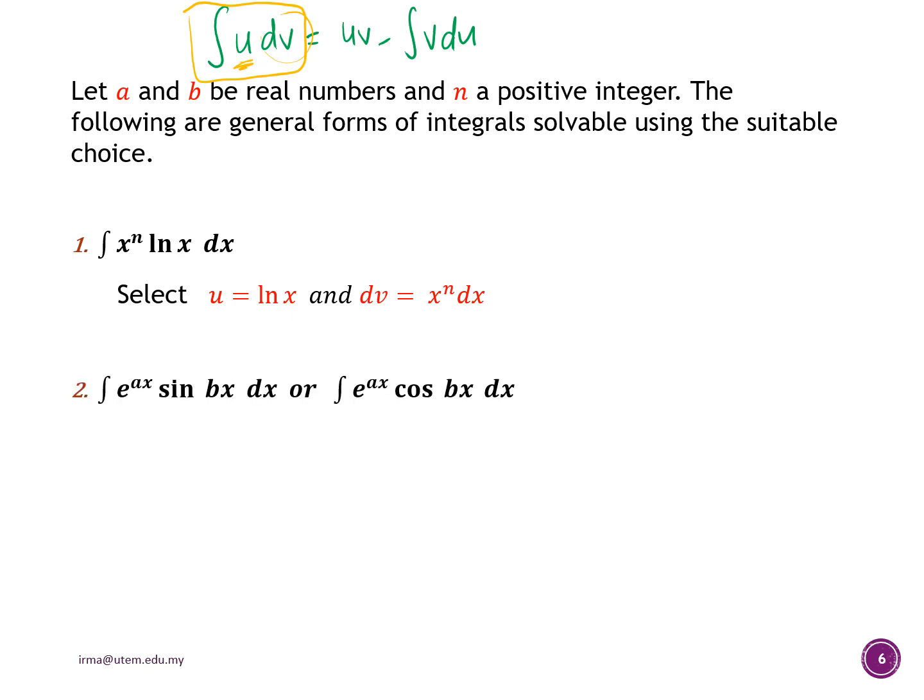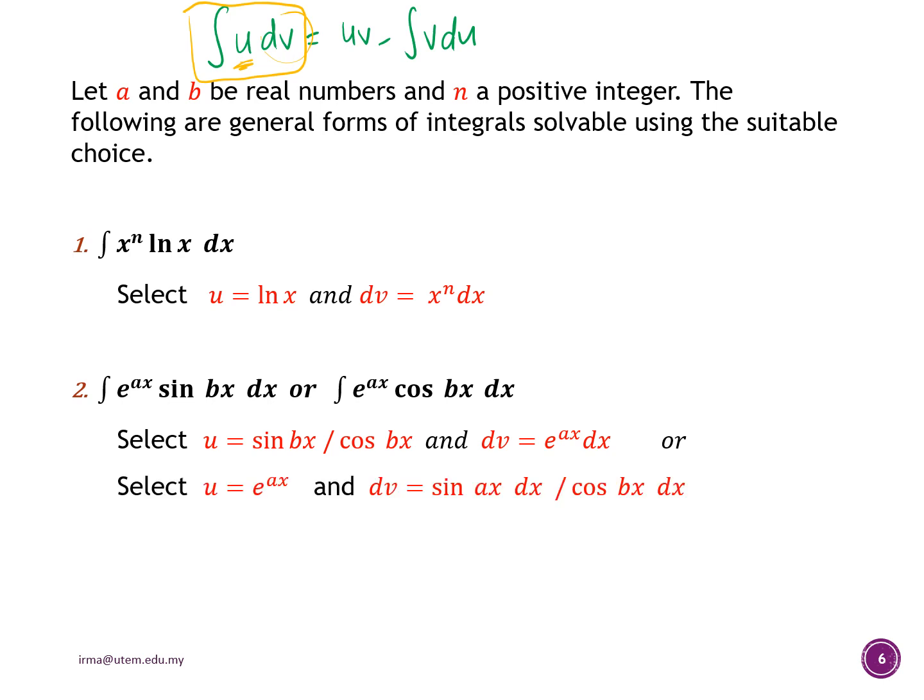Next, if you have types like exponent ax sine bx, which is a combination of exponential and trigonometric, you can choose u as the trigonometric and dv as the exponential, or you can choose u as the exponential function and dv as the trigonometric function.